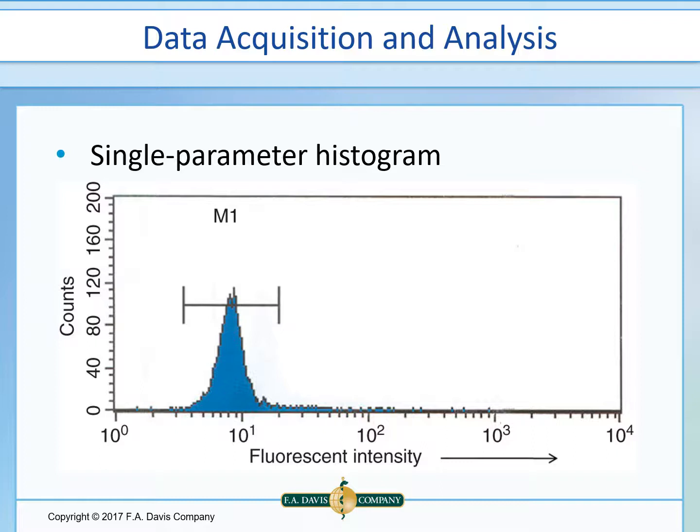The operator can then set a marker to differentiate between cells that have low levels of fluorescence, which would be considered negative, from cells that have high levels of fluorescence, the positive cells, for a particular fluorochrome labeled antibody. The computer will then calculate the percentage of negative and positive events from the total number of events collected.